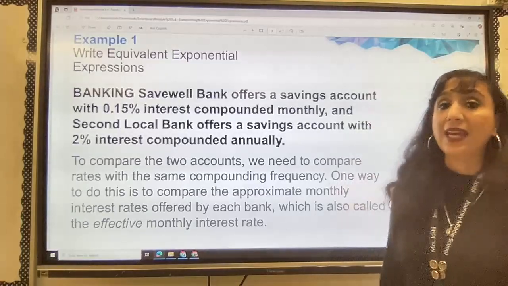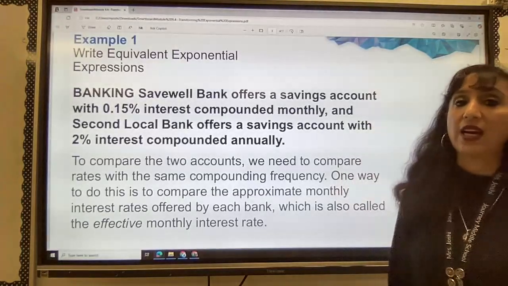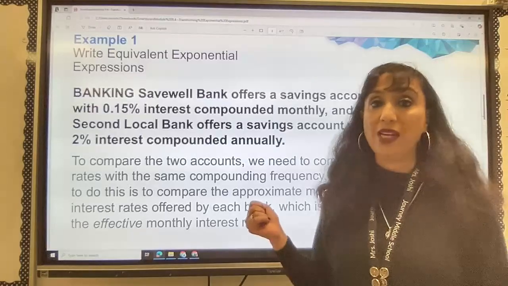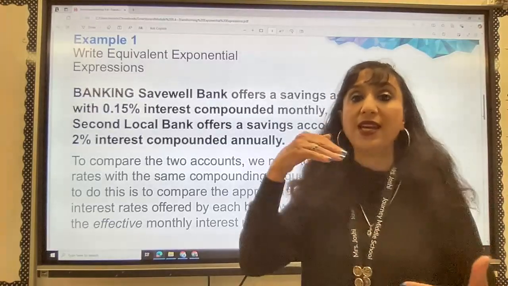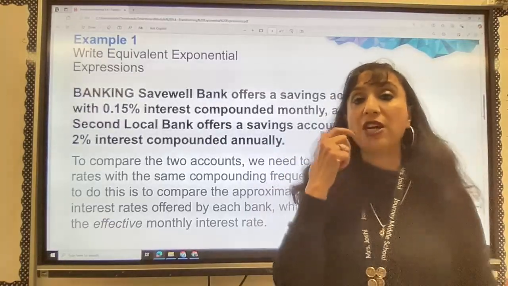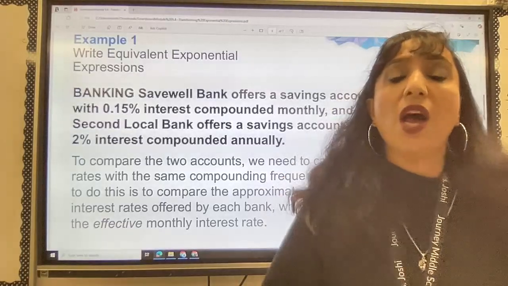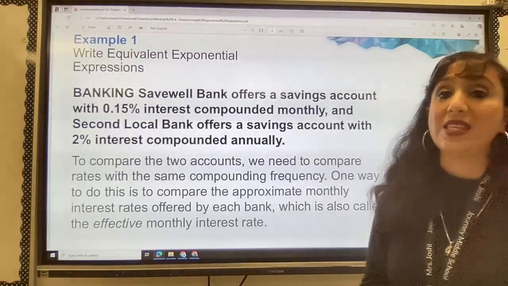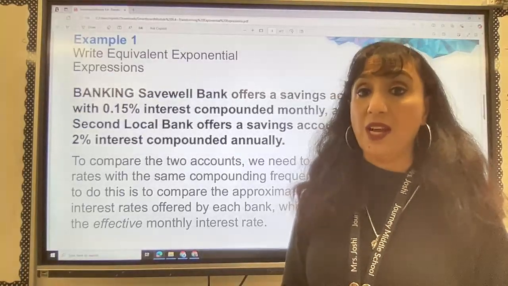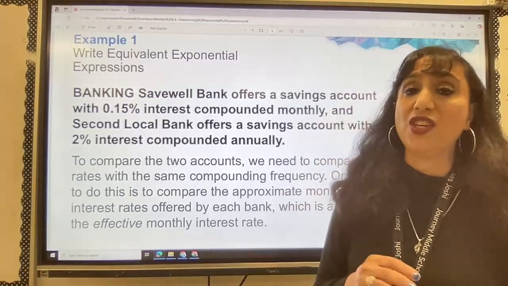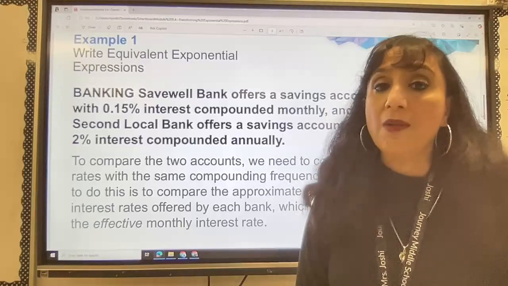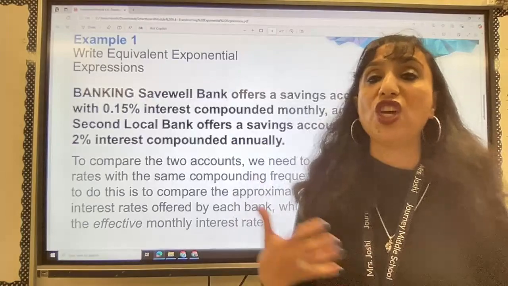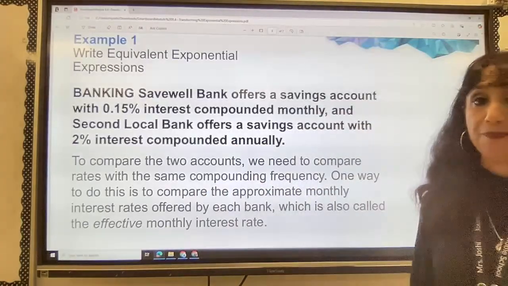And the second local bank offers a savings account with 2% interest compounded annually. So you can see one is monthly, one is annually. In order for us to compare the two accounts, we need to compare the rates with the same compounding frequency. So either we change them both into annual, or we change both into monthly to see which has the better interest rate.